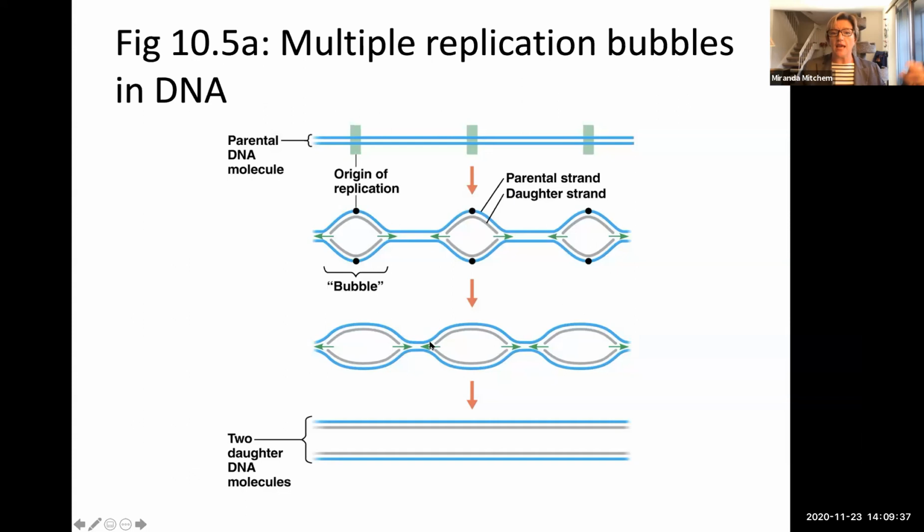Eventually, the sites grow together, and we are then left with the 2 strands of DNA, each containing a parent strand and each containing a newly synthesized daughter strand of DNA. Semi-conservative.